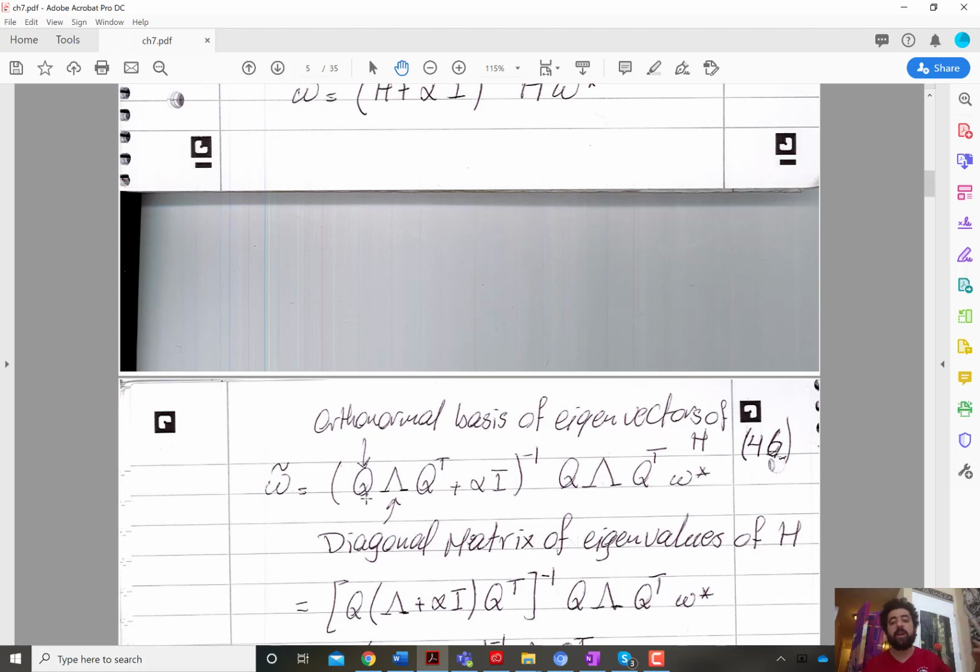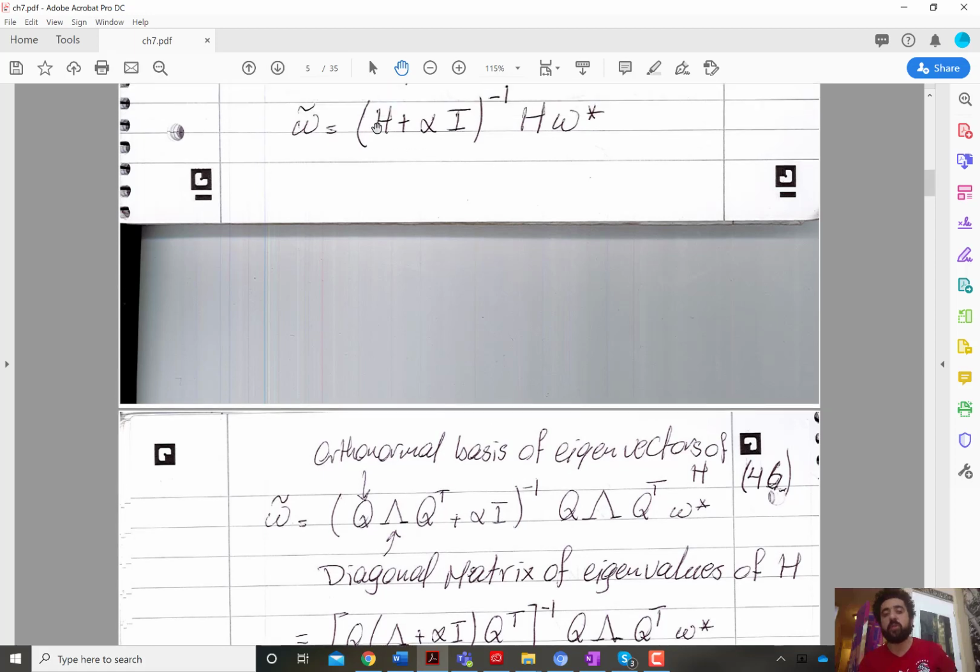And those basis vectors represent the directions of the eigenvectors of H, right? So you have Q, and then lambda, which holds the scaling factors, the eigenvalues along each eigenvector, times Q transpose, plus alpha I inverse. So I replaced H by Q lambda Q transpose. Q is the orthonormal basis of the eigenvectors. Lambda is the diagonal matrix of the eigenvalues.